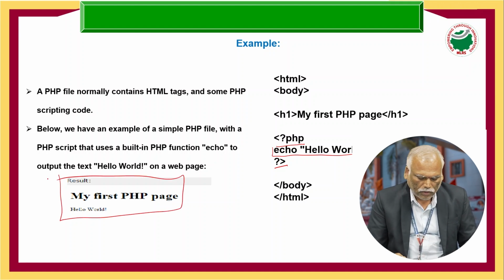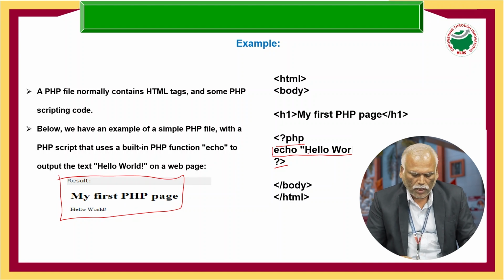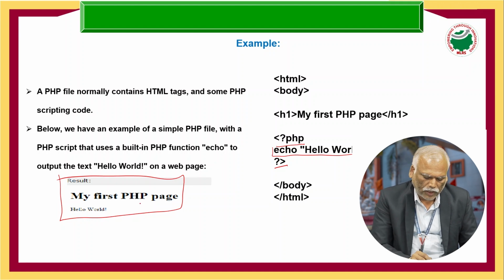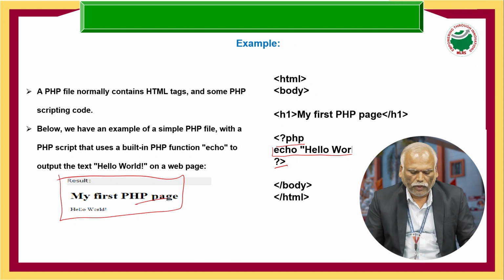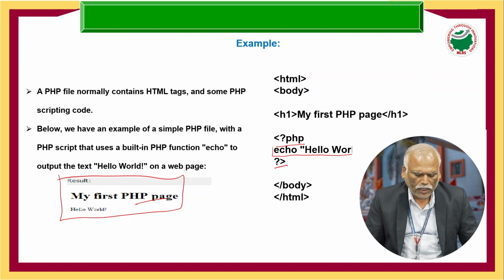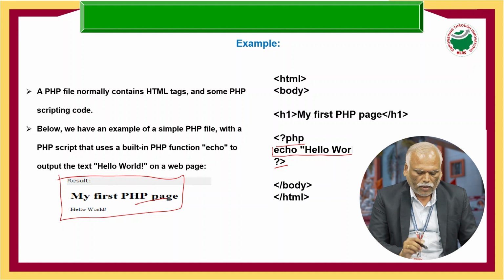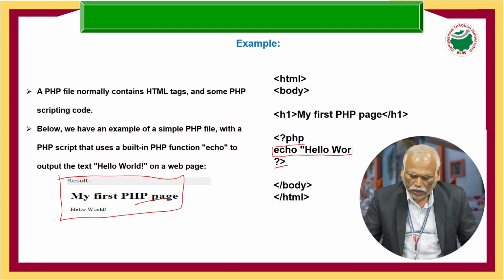Hello world is the text to be displayed, whereas the header part of the HTML page displays 'My first PHP page'. So a PHP file normally contains HTML tags and some PHP scripting code. This is how the echo command displays in the output.